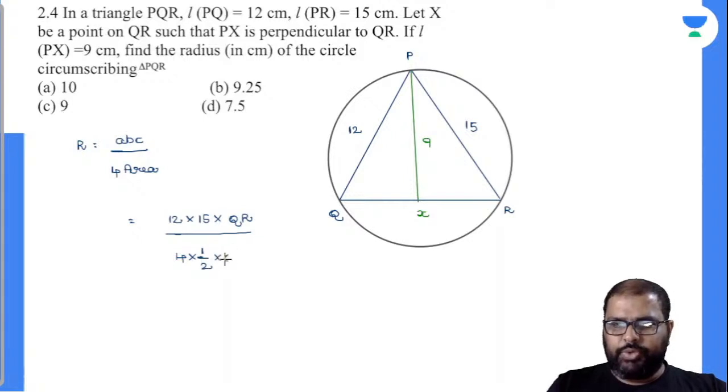Base value is QR and height value is PX because it is perpendicular. So I'll write down 9. QR gets cancelled. So this will be 2, 6, 2, 3, 5. What is your circumradius answer there? R is equal to 10.